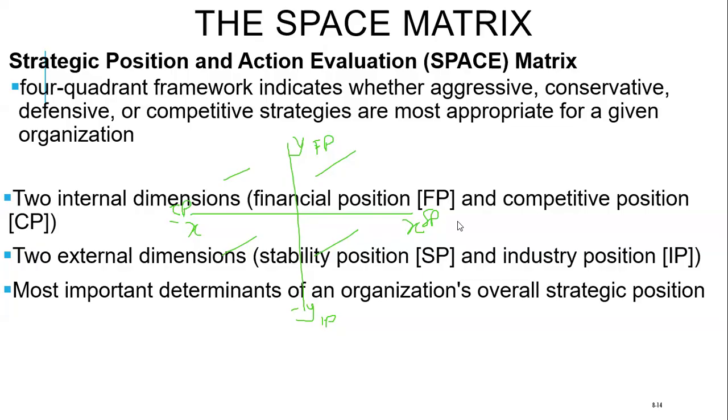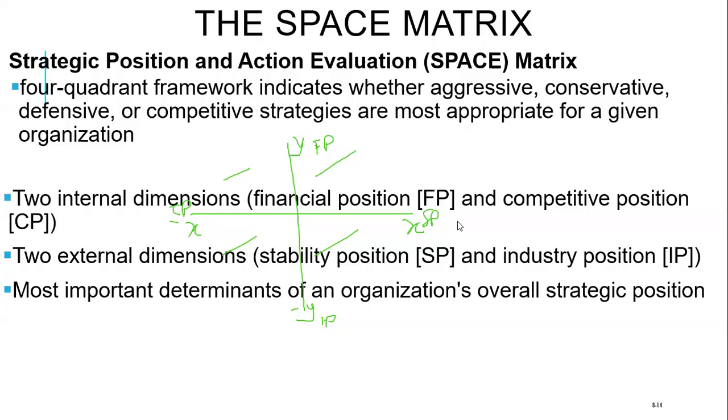Then there is also stability position. Stability position is also rated ranging from -1 to -7, which is just like the competitive position. So the closer you are to the point of origin, then the stronger the stability position of a firm.